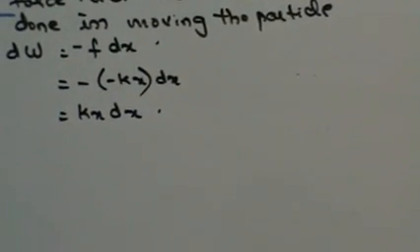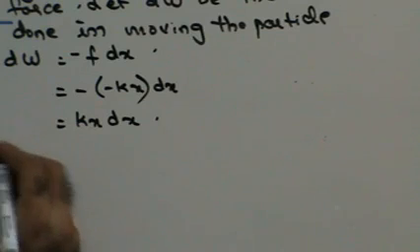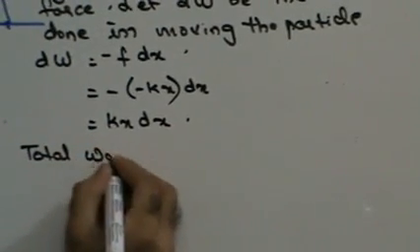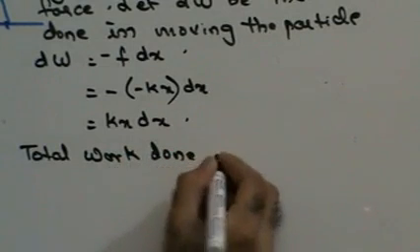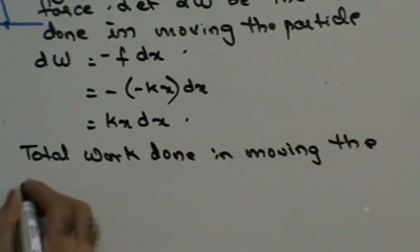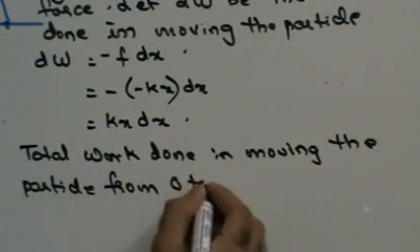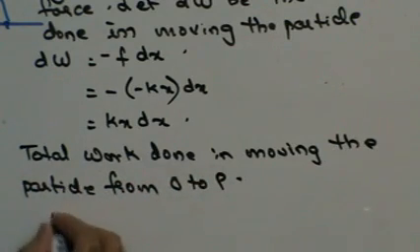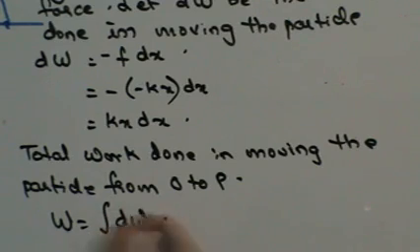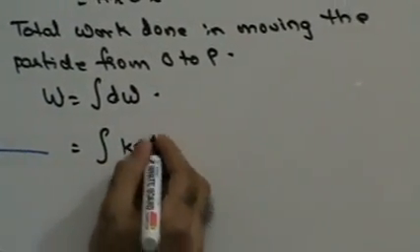If this is the work done in moving the particle by a small distance, then the total work done in moving the particle from O to P will be W, which will be the integral of dW, which is kx dx.